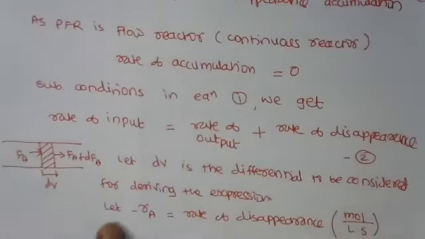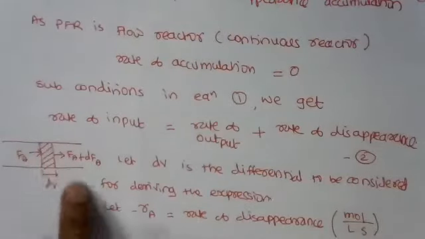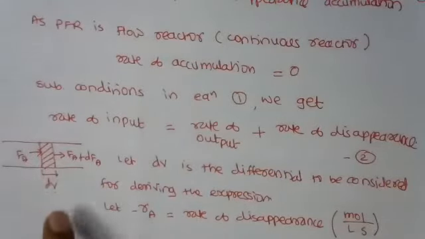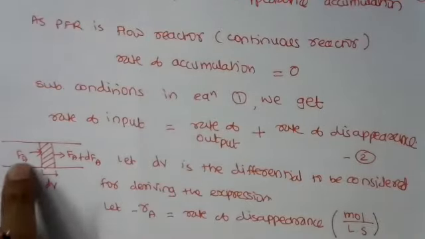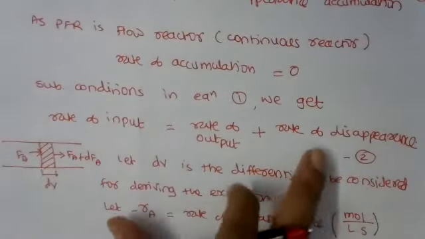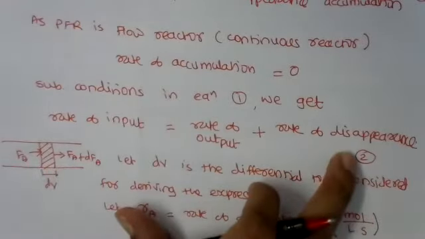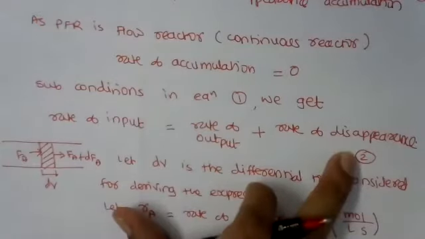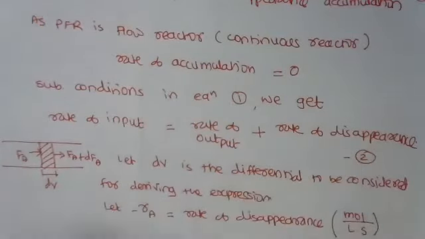So we will be applying the material balance across the differential volume of the fluid element dV, and will substitute the boundary conditions and the necessary inlet and outlet conditions in equation 2, and we will try to simplify and thereafter derive the performance equation for the plug flow reactor.